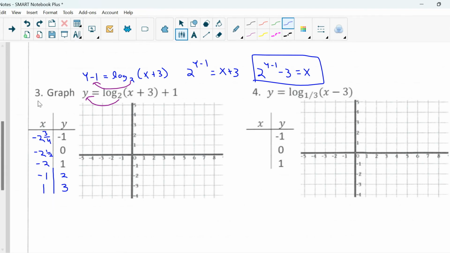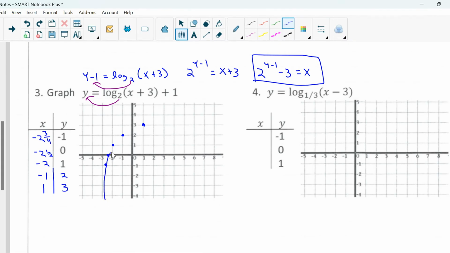So I know I went through this kind of quick, trying to keep the video as short as possible. So I've got negative 1 and negative 2 and 3/4. 0, negative 2.5. 1 and negative 2. 2 and negative 1. 3 and positive 1.